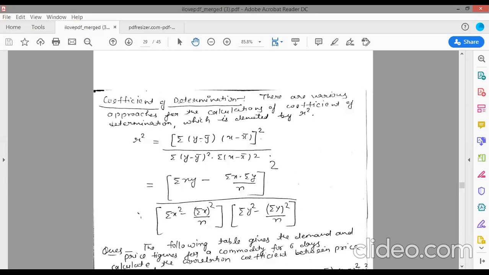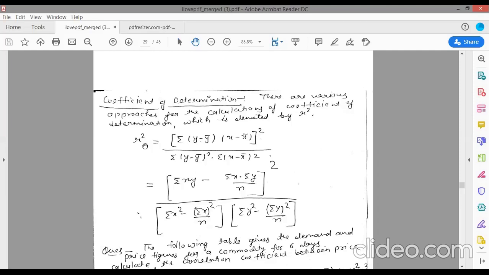So what is the coefficient of determination? There are various approaches for calculating the coefficient of determination, which is denoted by R square. R means the Karl Pearson coefficient of correlation, and R square means the coefficient of determination. If you have the Karl Pearson formula, then you can also calculate the coefficient of determination.